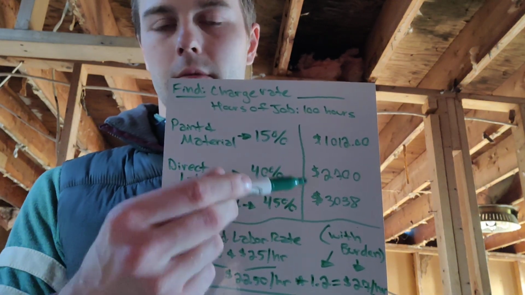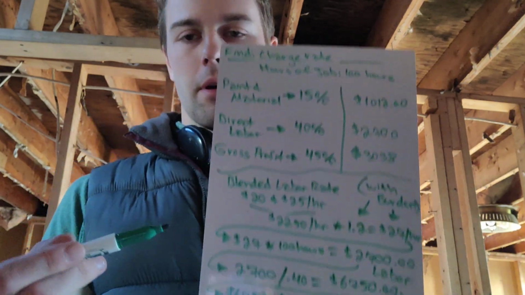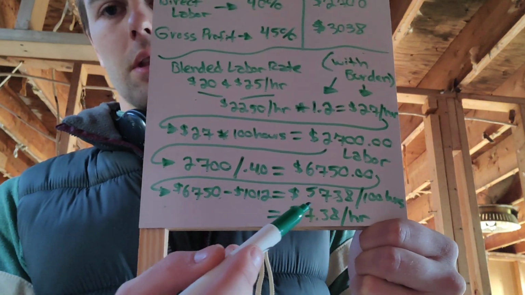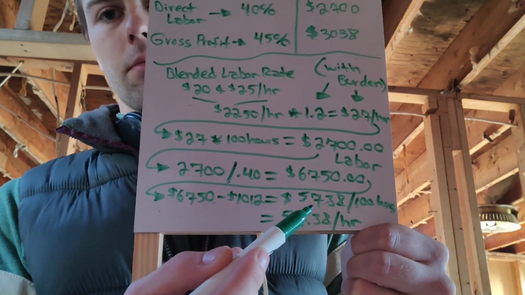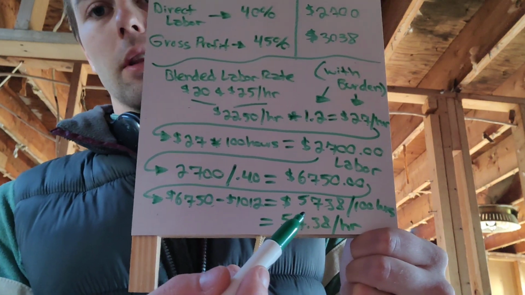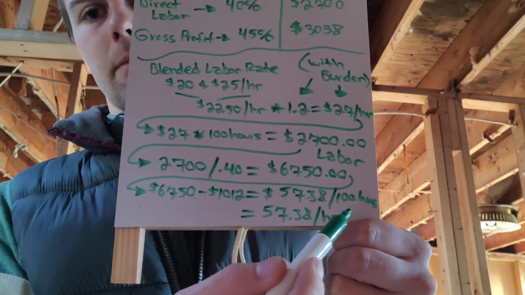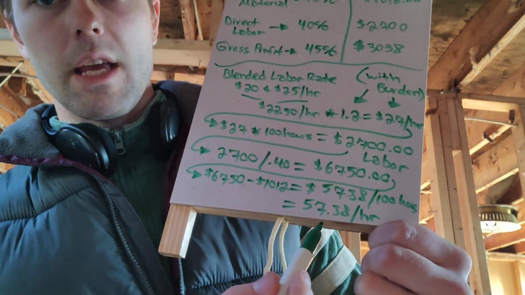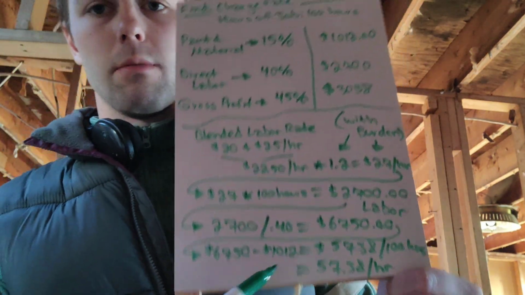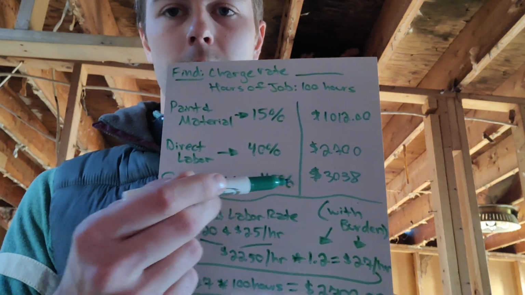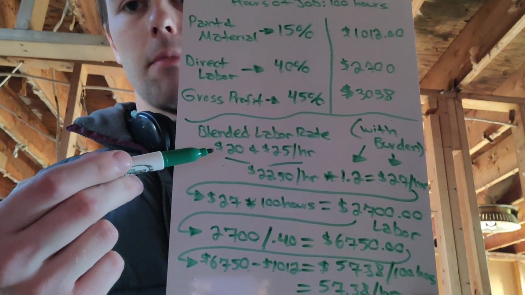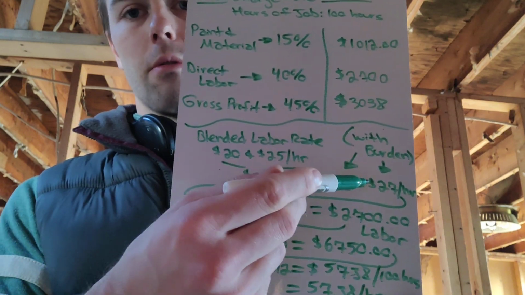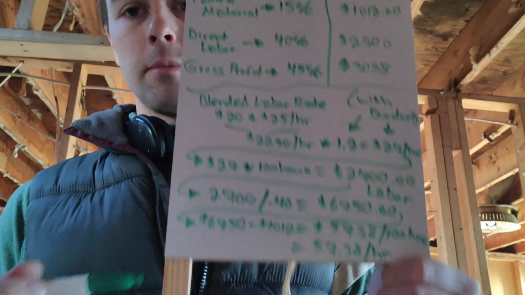It doesn't match up here because it's a different example, but that explains that if you just subtract out the paint, this is the labor and the gross profit. So how I calculate it, it works out if I just divide that by 100, and that gets 57.38 per hour that you should be charging to gross 45%, assuming that your team is at 20 an hour and 25 an hour, and their blended labor rate with burden is 27 an hour.